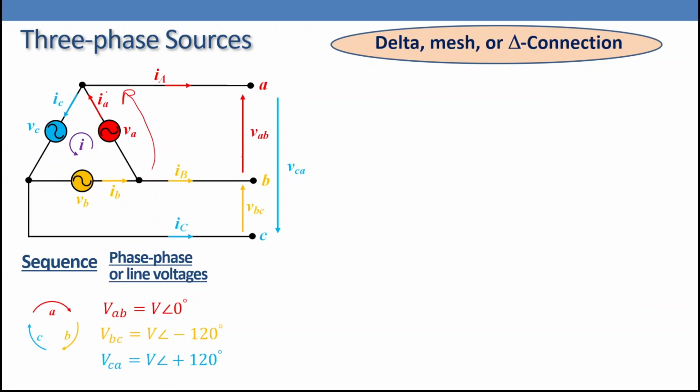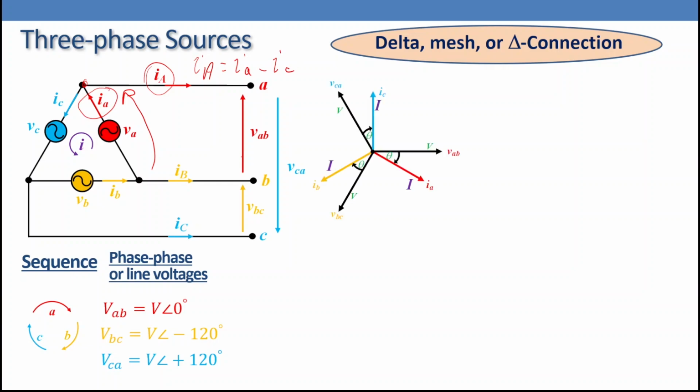Now, if you notice here, there is a current out of the source and there's a node here. So Kirchhoff's current law can be applied here, where capital IA, the line current, which is different from the phase current, can be calculated using Kirchhoff's current law, where IA equals Ia minus Ic. For the phasor diagram, we are going to assume that the current is lagging the voltage by angle theta.